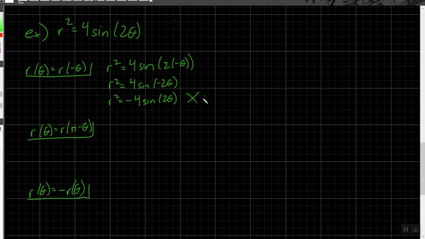Odd means symmetry about the origin, but even means symmetry about a line, like a parabola. Because it's sine, you can pull the negative out from the argument and put it in front.